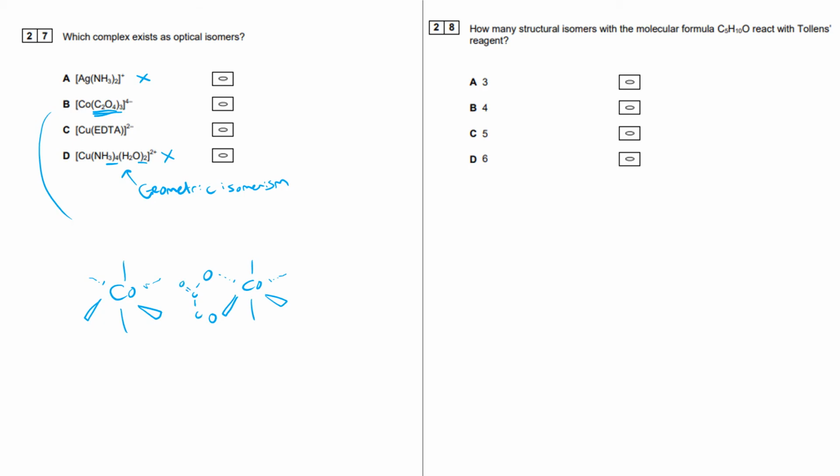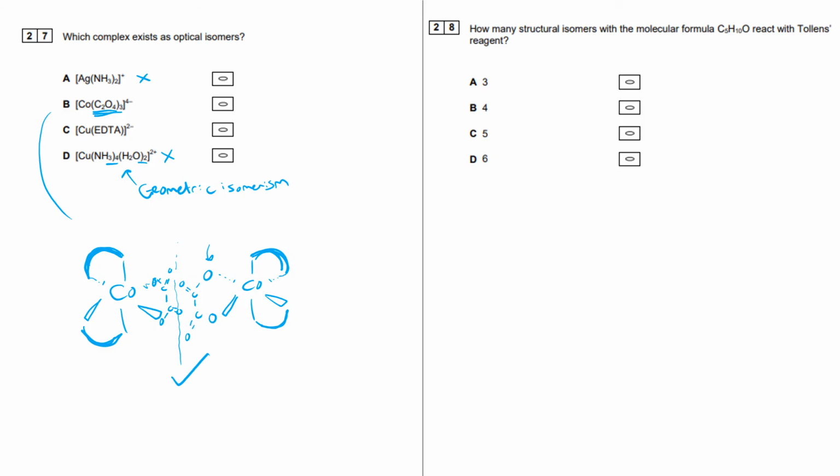So for example, if your C double bond O, single bond O are bonded on the left hand side here, the optical isomer would be bonded something like this. And I'll just draw where the ligands go on the pair of enantiomers. So you do get optical isomerism if there are 3 bidentate ligands.